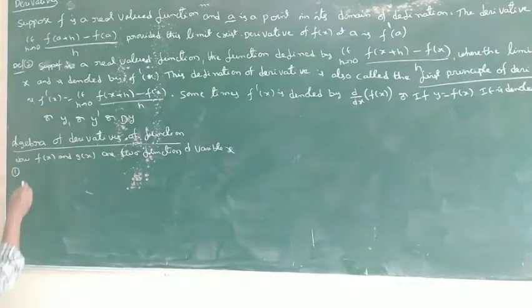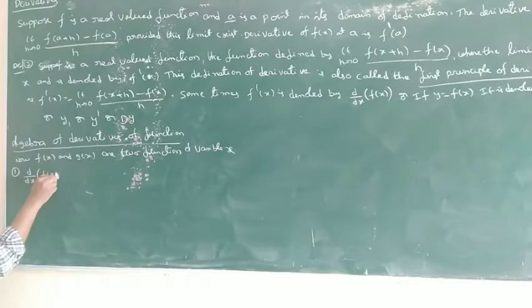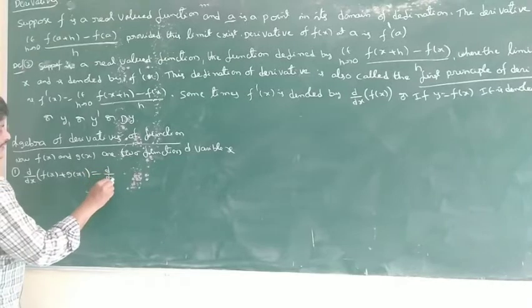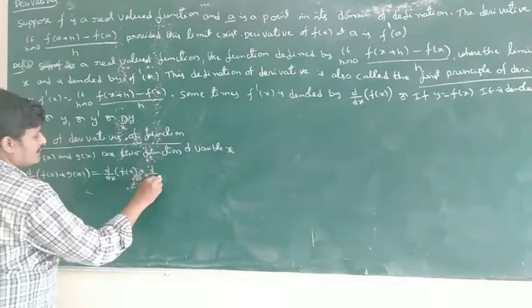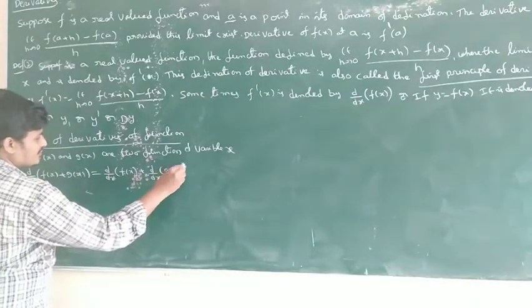The first one is d by dx of f of x plus g of x, which is equal to d by dx of f of x plus d by dx of g of x.